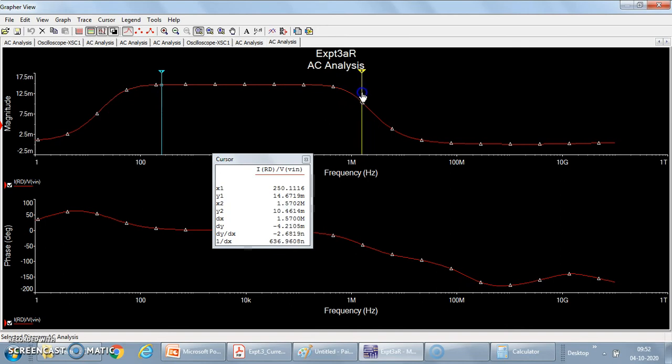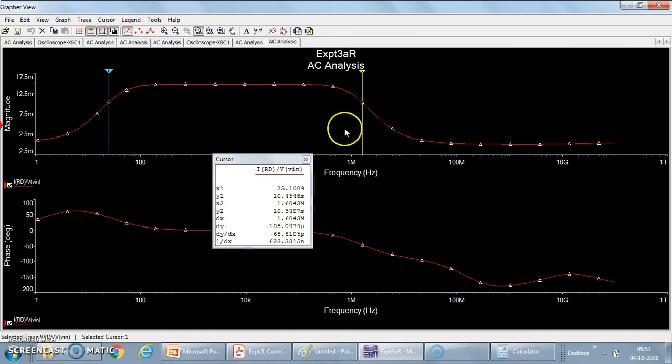I will make this 10.34. Similarly, adjust this cursor also to 10.37. It's 10.34 again. I am adjusting y1 and y2, both to 10.34. Check the value of y1, 10.34. It's okay, 10.4. So this is the bandwidth.